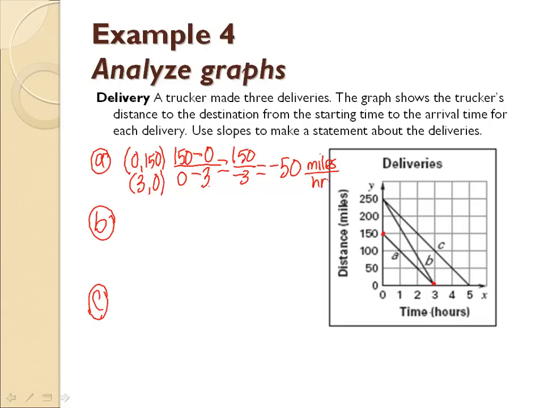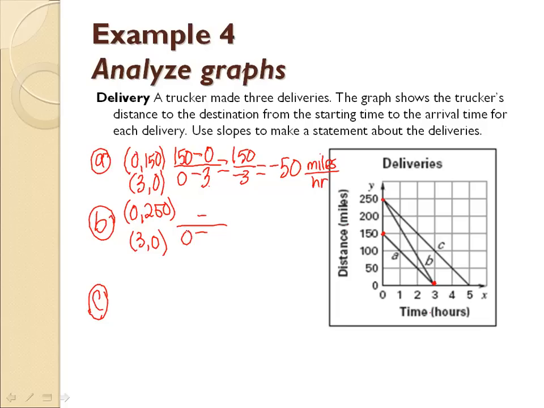For B, one of my points is (0, 250). That's right up here. My other point for B is down here. That's (3, 0). So if I plug those in, here's my fraction bar and my minus signs.